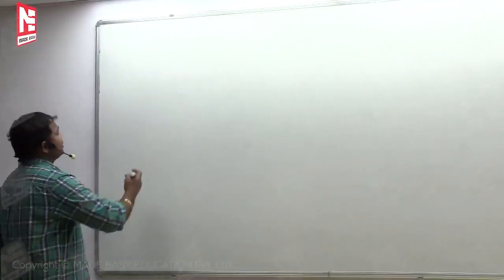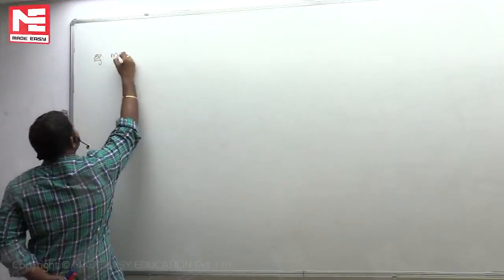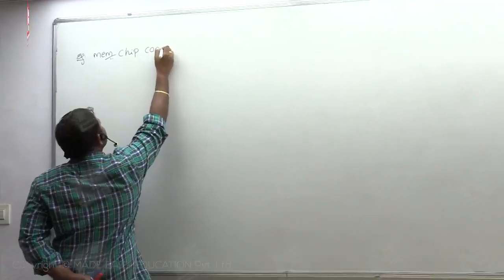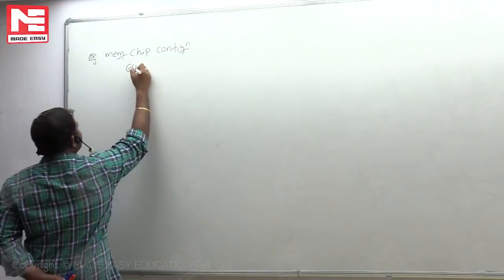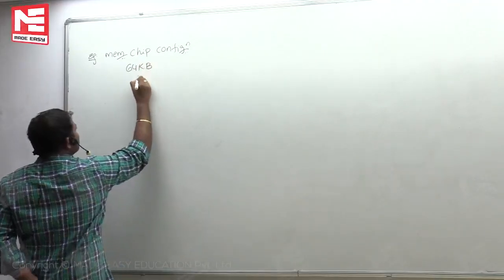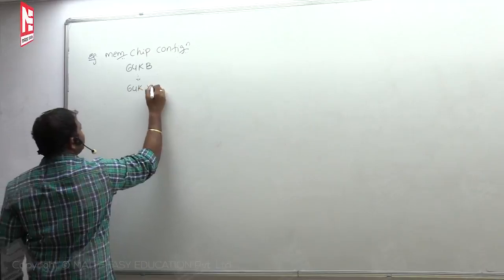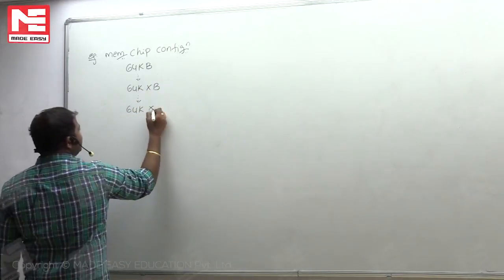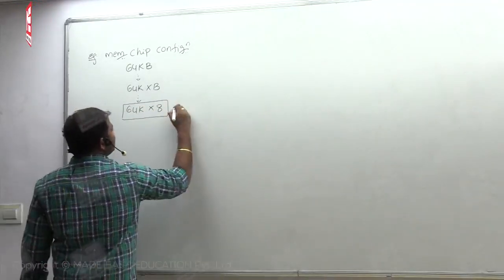Now let us consider the memory chip configuration. Example, the memory chip is 64 KB. 64K by B, where B means byte, 8 bits. This is the memory chip.